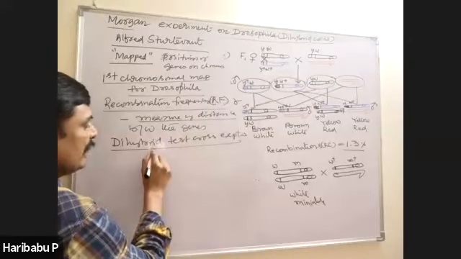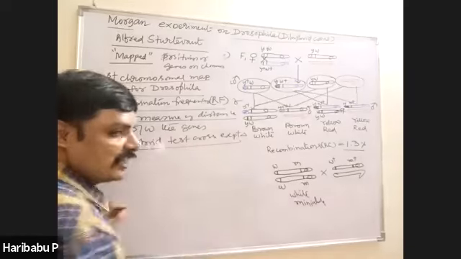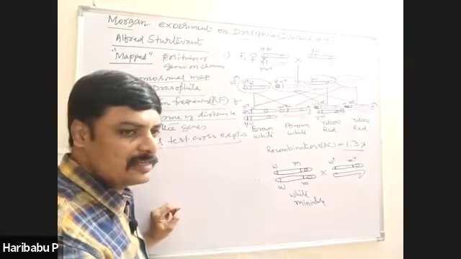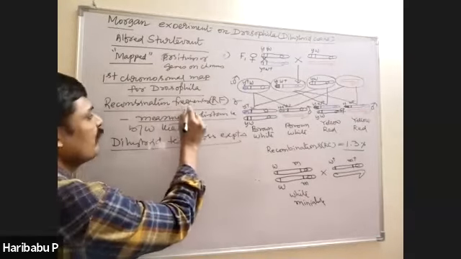Recombination frequency can be determined by conducting dihybrid test cross experiments. From the results of dihybrid test cross, we can calculate recombination frequency.